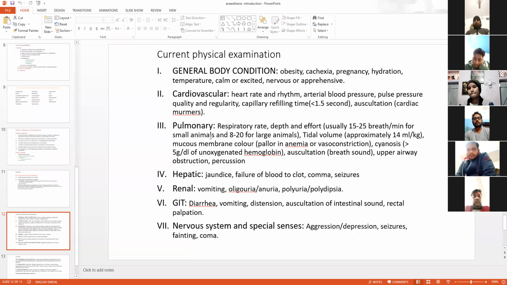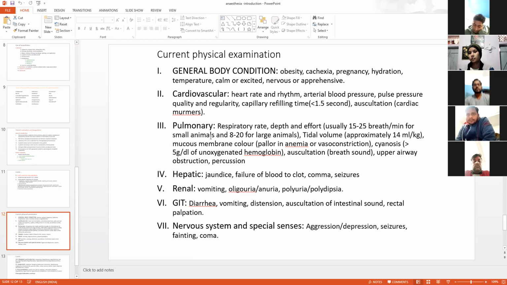And cardiovascular system examination: heart rate, rhythm, arterial blood pressure, basically mean arterial blood pressure, central venous pressure, diastolic and systolic blood pressure. Capillary refilling time is very important. You just note down what the capillary refilling time is. Then auscultation, cardiac murmur.